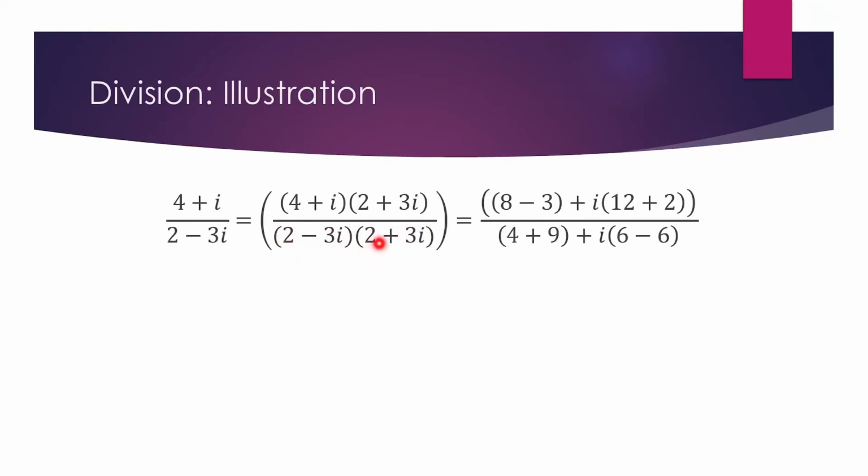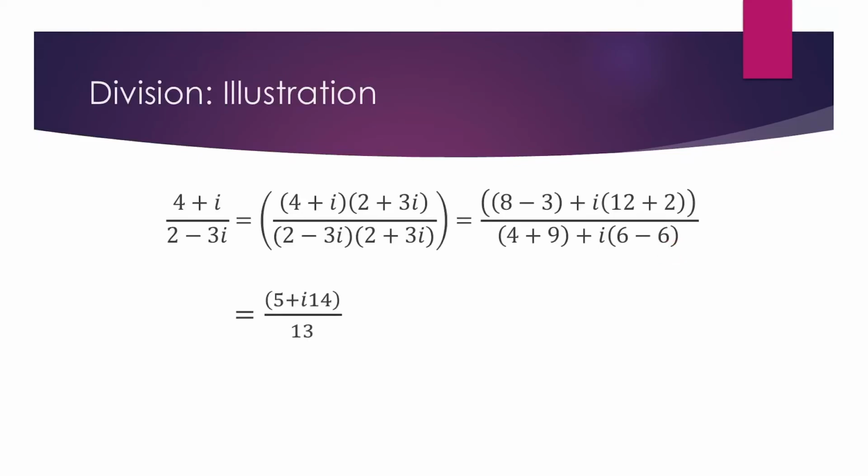So x1 x2 is 4 times 2, minus y1 y2, so minus 3 times 3, so minus of minus will be plus 9, plus i times (x1 y2 is 6, plus x2 y1 is minus 3 times 2, minus 6).